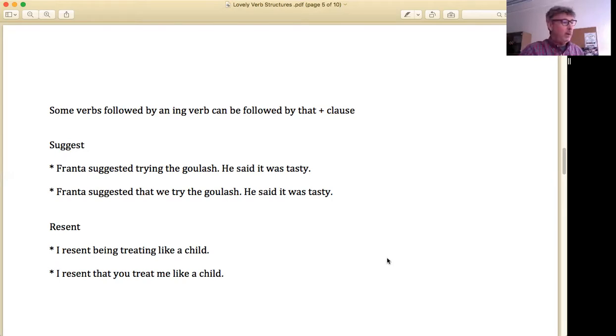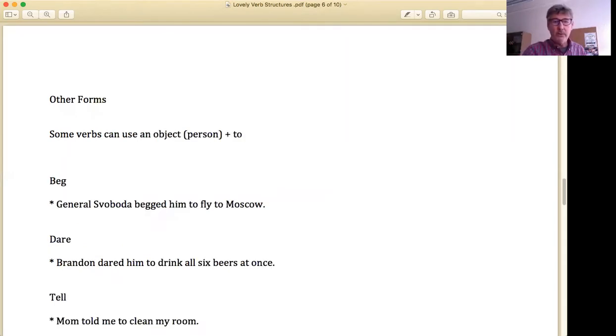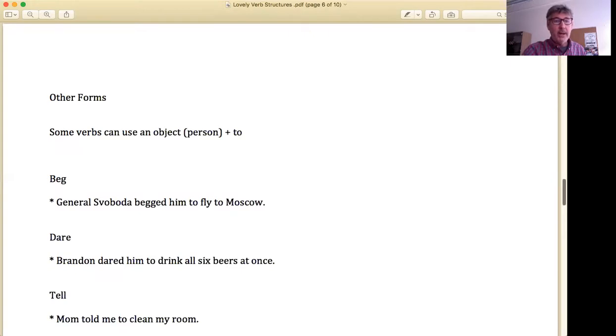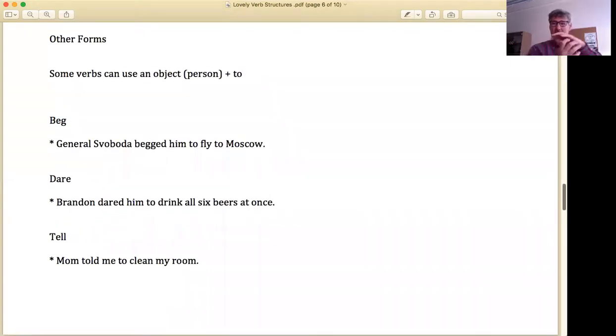Okay, now he also goes into some other forms, like where it needs to have an object, person plus two, and he does fairly well with presenting them and some of these exceptions.